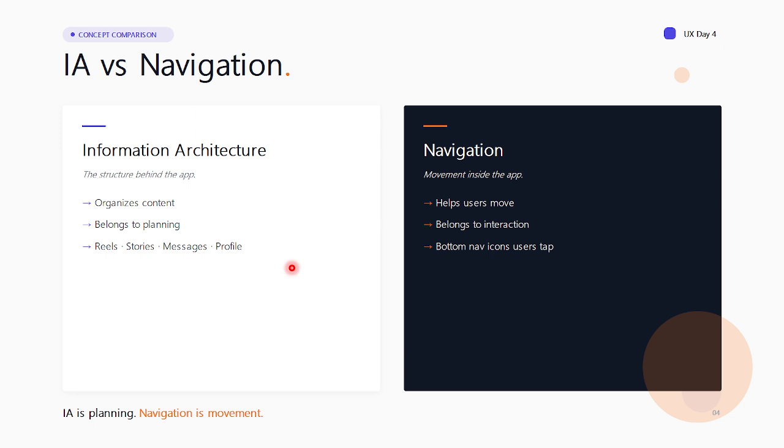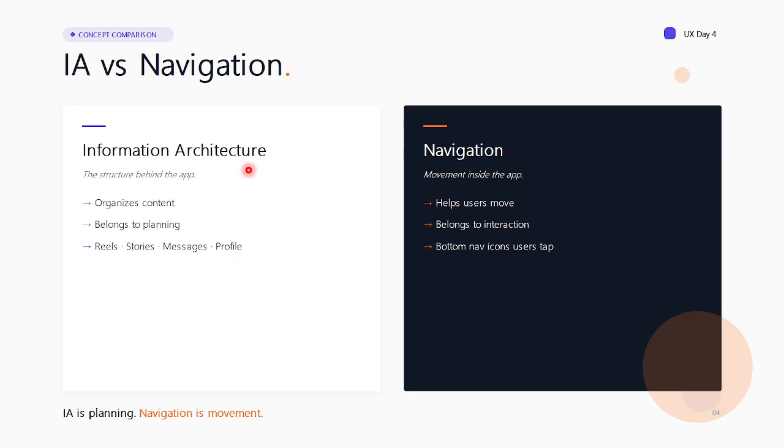Now let me compare information architecture versus navigation. Information architecture is the structure behind the app, like organizing content and plans. In simple words, information architecture is the blueprint of the product.